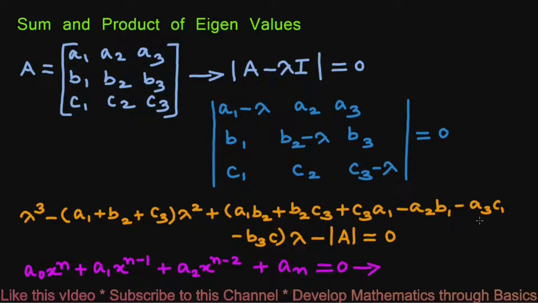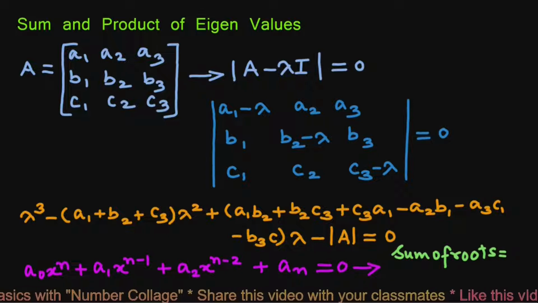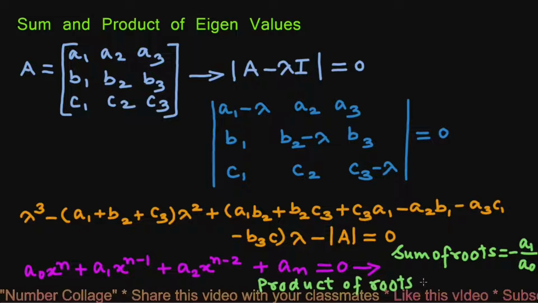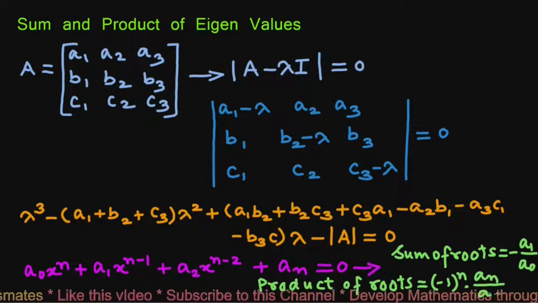For this polynomial equation, we have sum of roots equals minus A1 upon A0 and product of roots equals minus 1 power n into An upon A0.